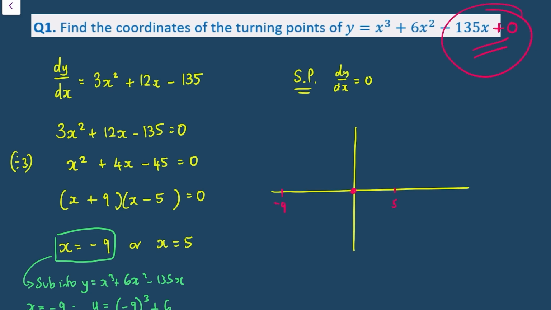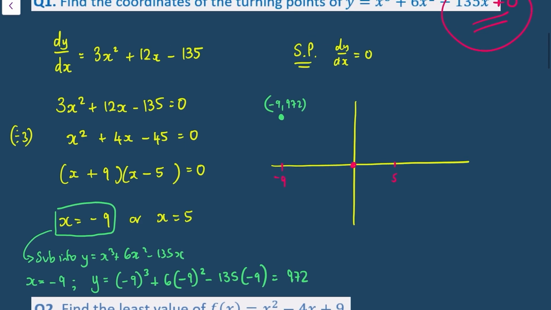The same here, you want to make sure your calculator solves this correctly. 6 times negative 9 squared, subtract 135 times negative 9, and that's going to give me 972. So I know that at the point when x is minus 9 and y is 972, I will have a stationary point, a turning point.